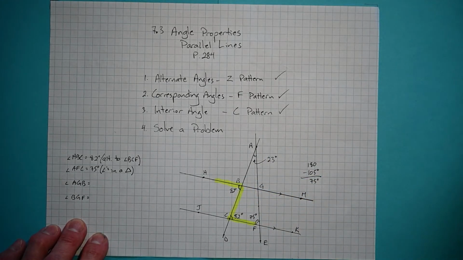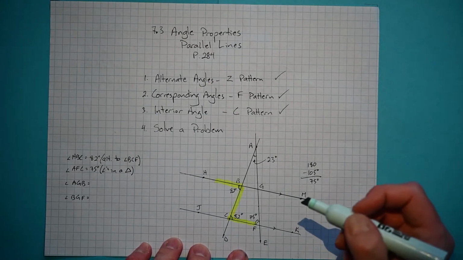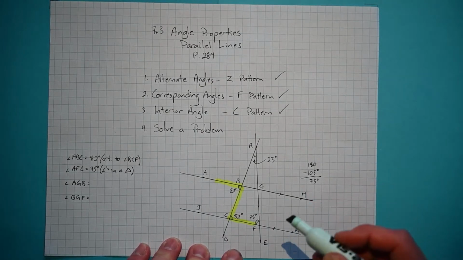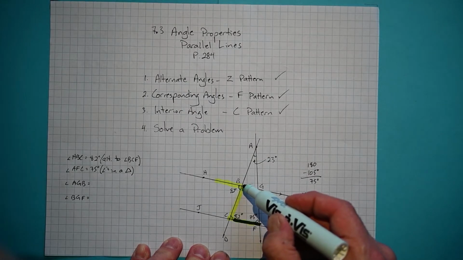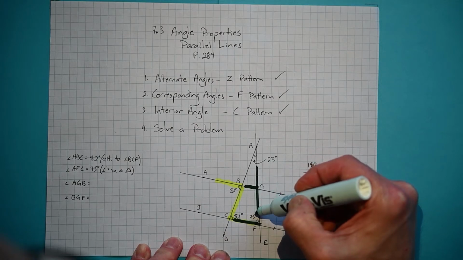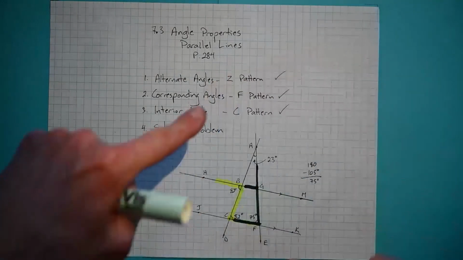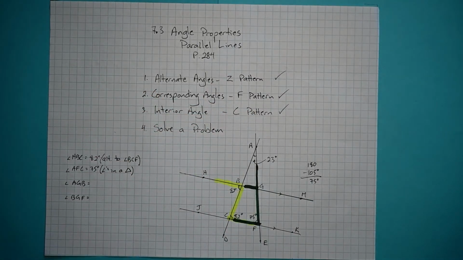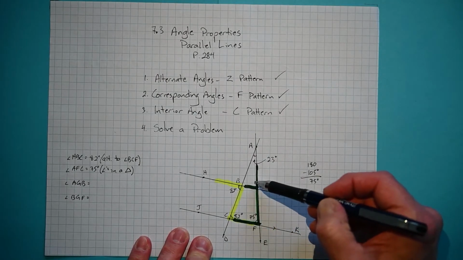AGB. Now for this one I'm going to use a different color marker. It might start to get a little dark on here, but let's see what we can do. So AGB, you're going to really have to use your imagination with me here. See if you can figure out what of our three relationships this one is in. In your mind, you're going to have to turn it completely upside down. You may notice that we have ourselves a capital F, and that relates this one and that one very nicely.